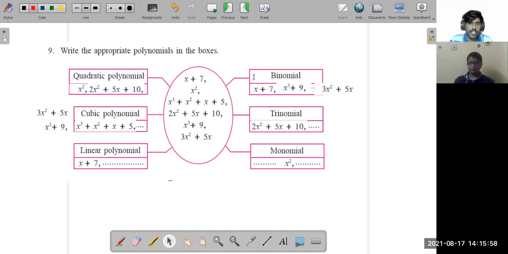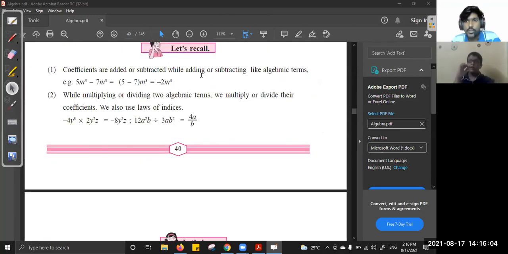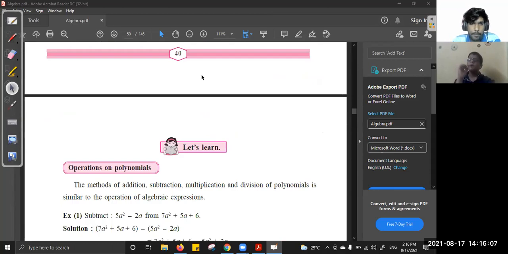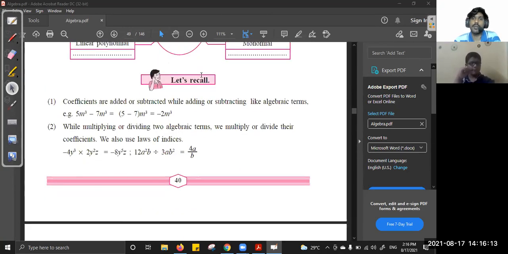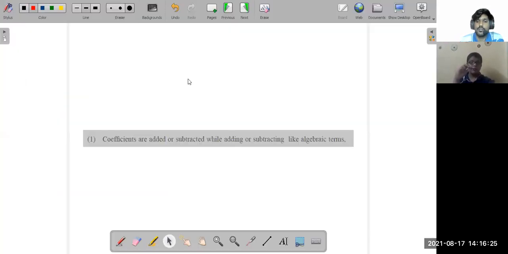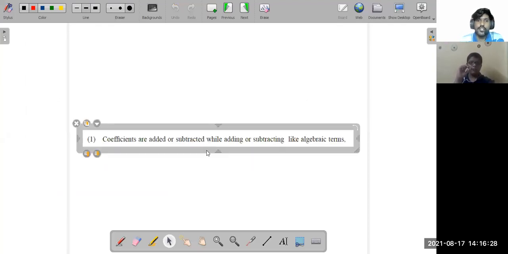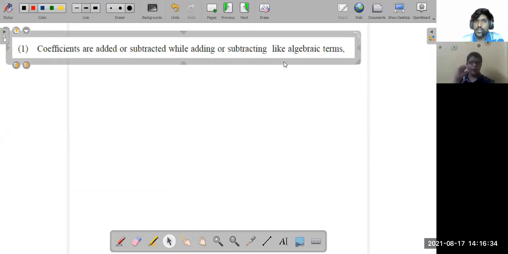Okay. So that was the last question of that exercise. Now we can move on to the concept in the next exercise. Before that, you need to remember what coefficients are. The sentence says coefficients are added or subtracted while adding or subtracting like algebraic terms.